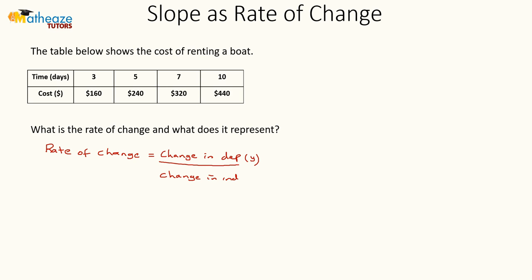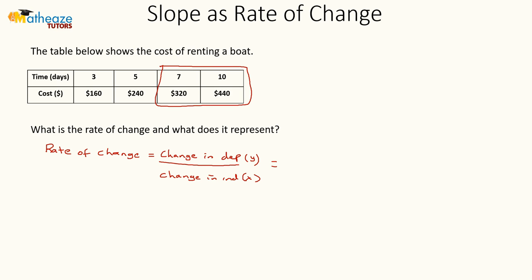Dependent variable is y, independent is x. So the change in the dependent variable, I'm going to use this right here for my rate of change.